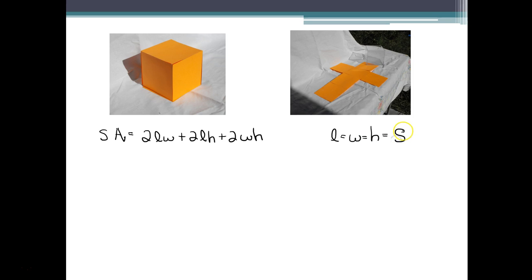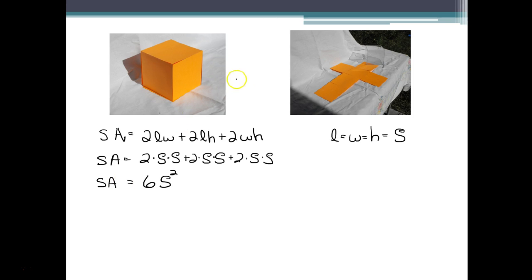So we just replace that with an S for side length. And again, I try to do these fancy little swirlies for S's so that you can tell them apart from my 5s. So you have 2s squared plus 2s squared plus 2s squared, which is really 6s squared.